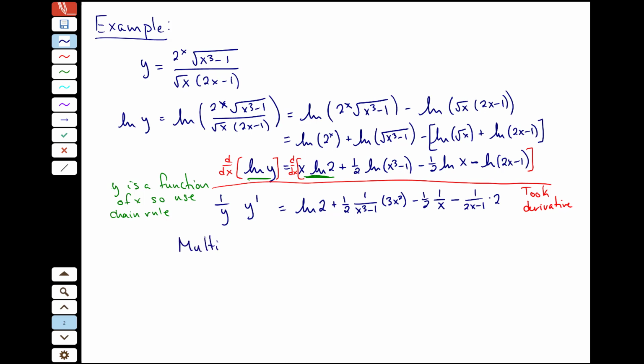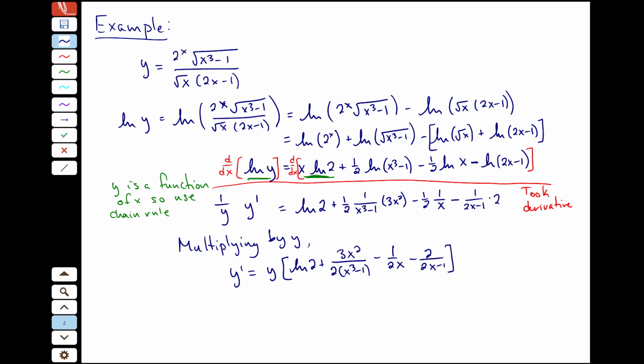So multiplying by y, we have that y prime is equal to y times the natural log of 2 plus, and I'll simplify this a little bit, 3x squared divided by 2 times x cubed minus 1 minus 1 over 2x minus 2 divided by 2x minus 1. And the last thing that I want to do is I don't really want a y on the right-hand side of this equation. I want a function of x.